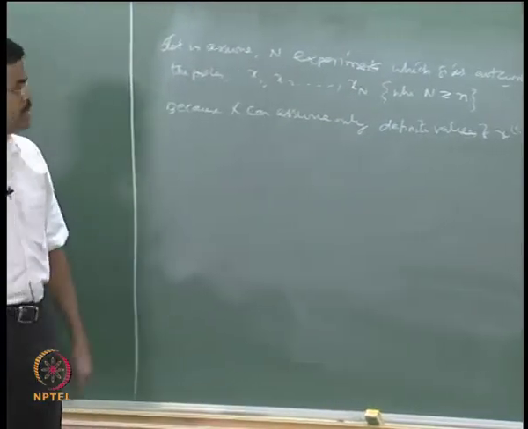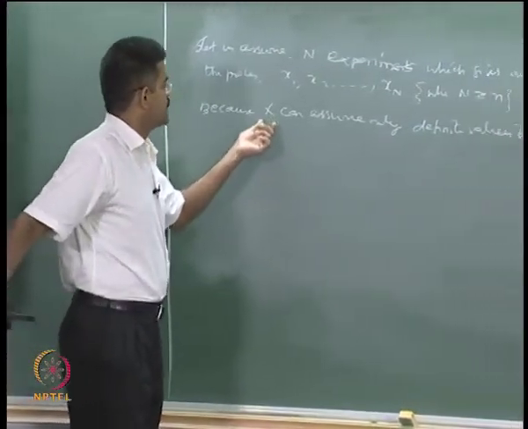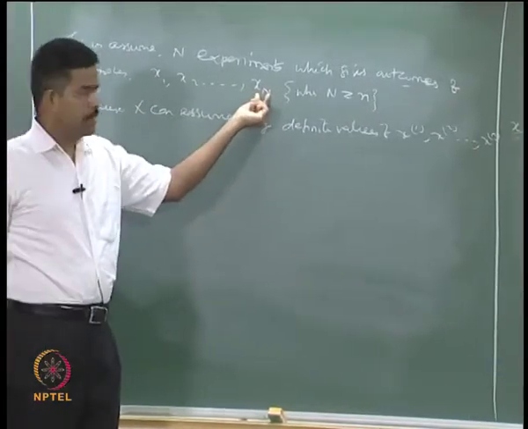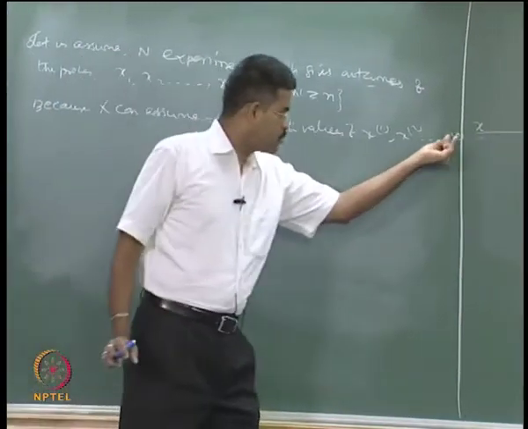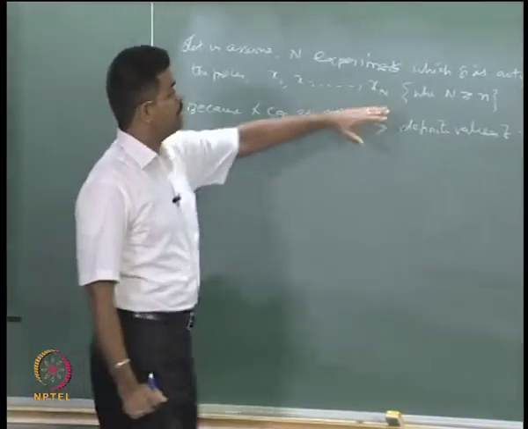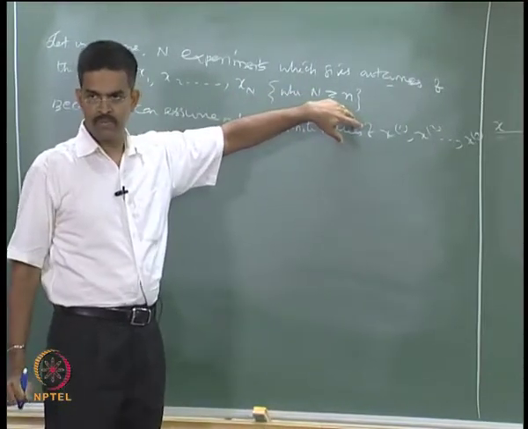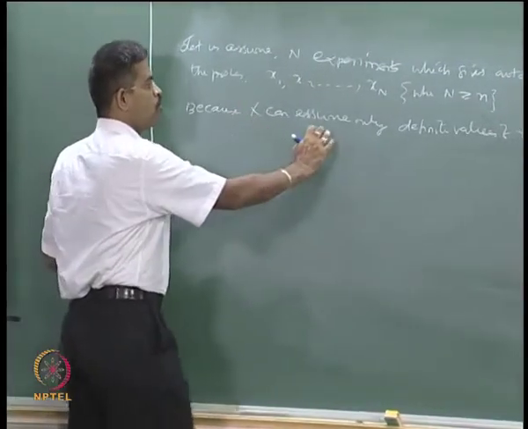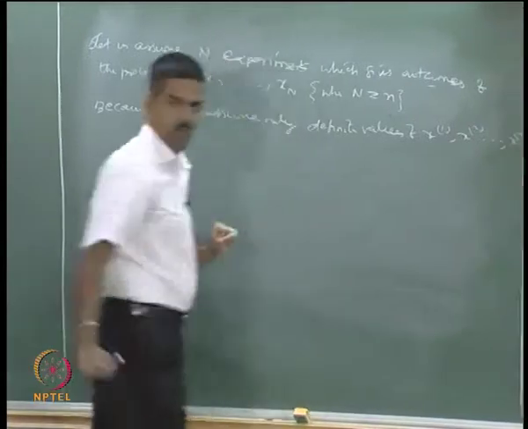We have a problem that x cannot assume values till capital N, it can assume values only till realization of small n, where capital N is much larger than small n. So we have discretized x value to assume only between x1 to xn, which is small n.